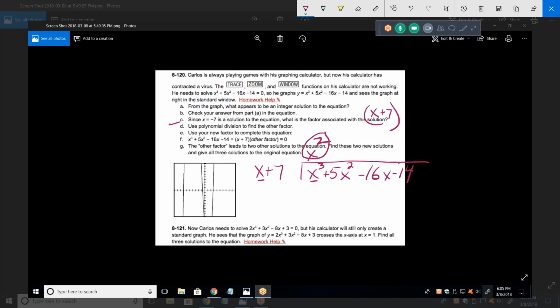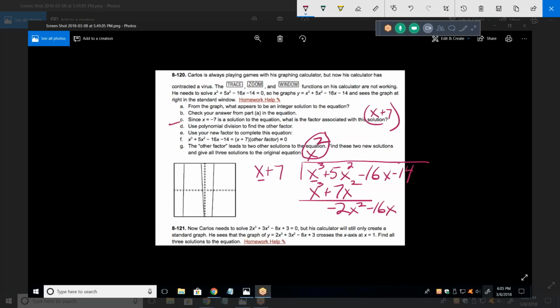What do you get? X cubed plus 7x squared. And now you do just like long division, you subtract. And then you get negative 2x squared. And now you bring down the next term. Minus 16x.